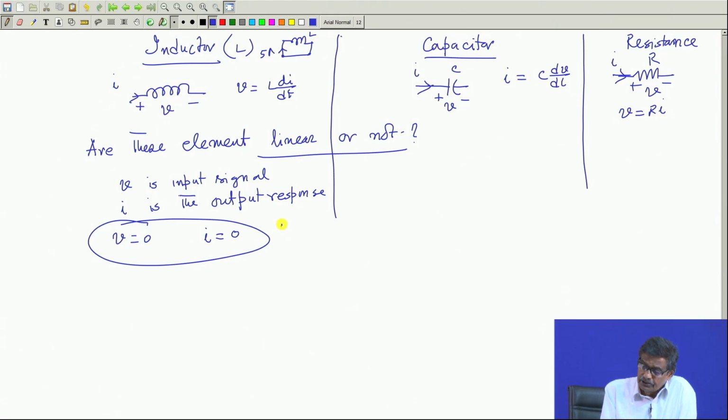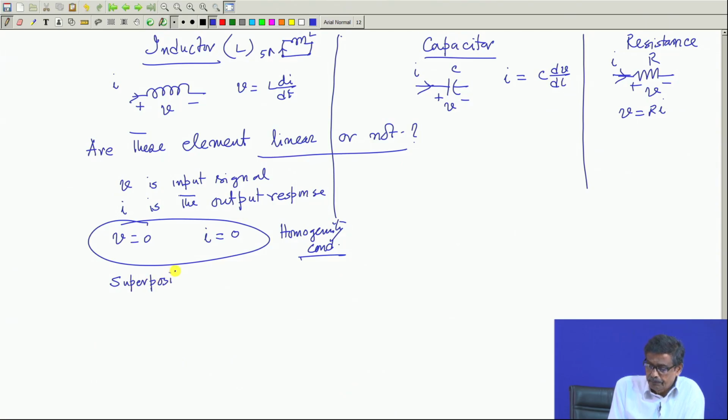Therefore, this is the homogeneity condition. This must be satisfied. If you test this and this is not following, then you say no, it is not a linear element, no other test is necessary. But if it satisfies this, then also you test for superposition.